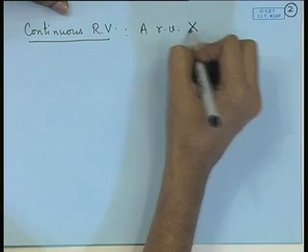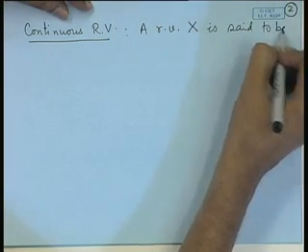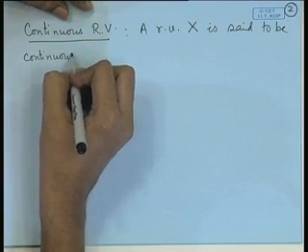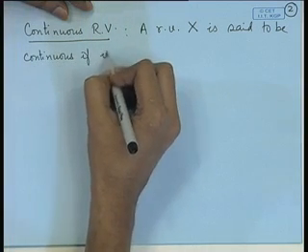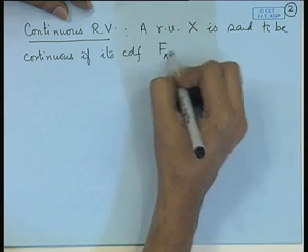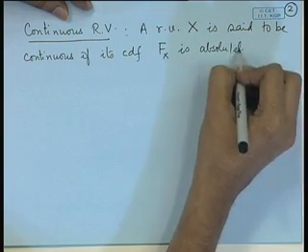A random variable X is said to be continuous if its cumulative distribution function F is an absolutely continuous function.